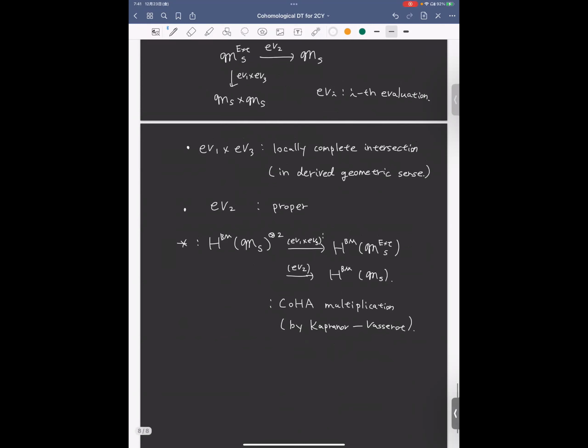So we have a multiplication on the Borel-Moore homology group of the moduli stack of coherent sheaves on the surface.